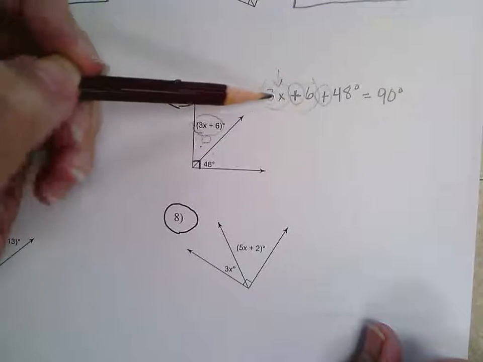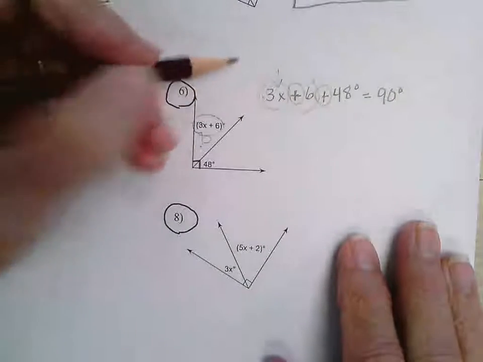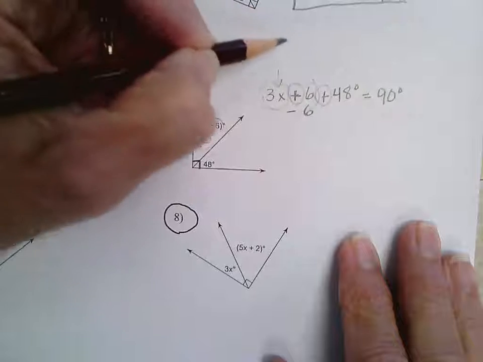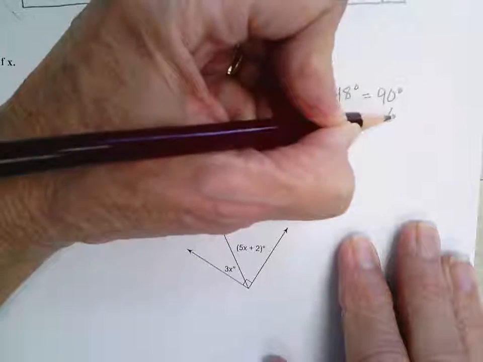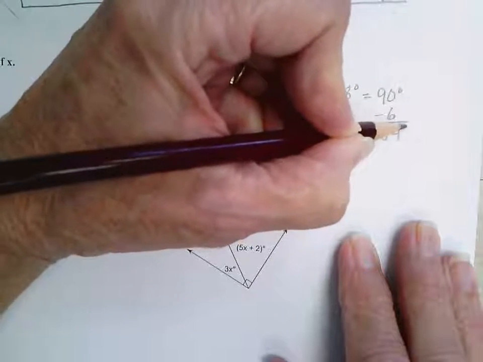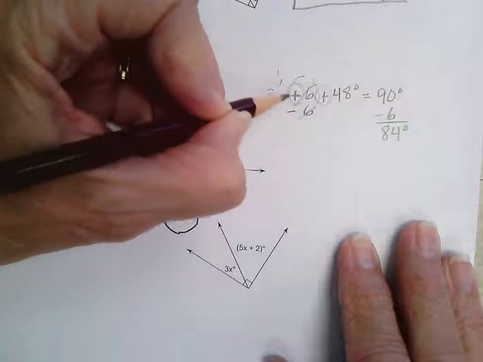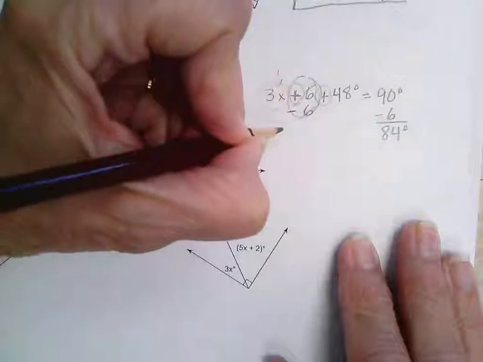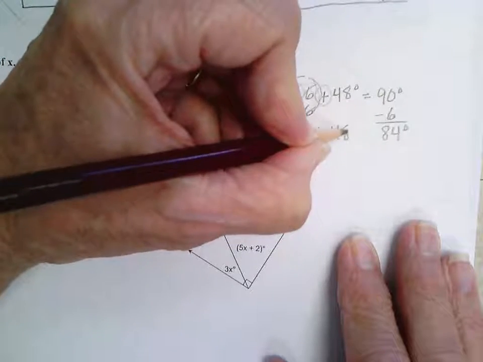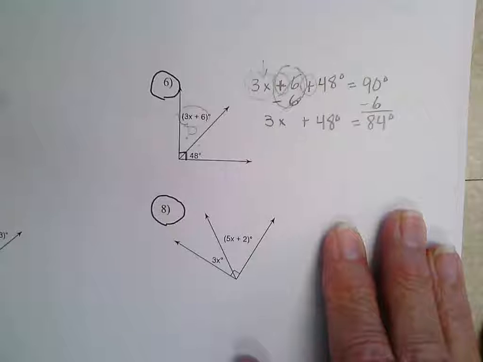And I'm going to try to get rid of those first. So I'm going to subtract 6 first from each side. 90 minus 6 is 84. And those go away. Those become 0. So now I have 3x plus 48 degrees equals 84 degrees.